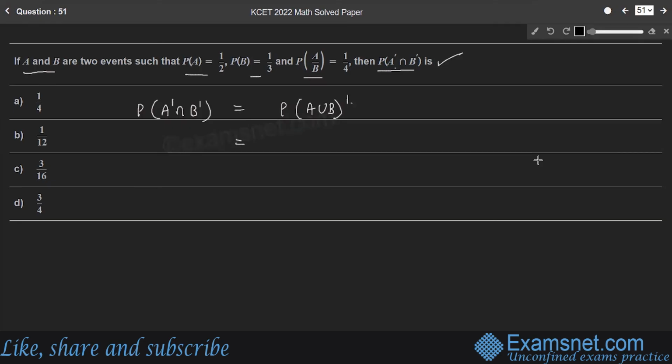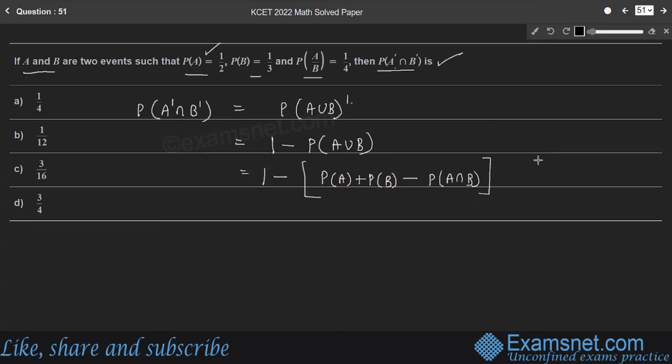Here P of A union B whole prime is 1 minus P of A union B. So we'll take 1 minus P of A union B. The formula says P of A plus P of B minus P of A intersection B.